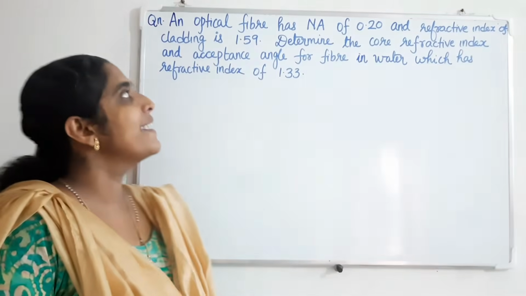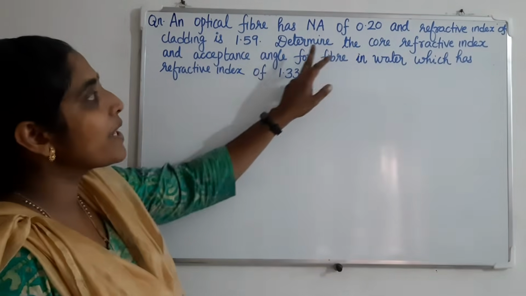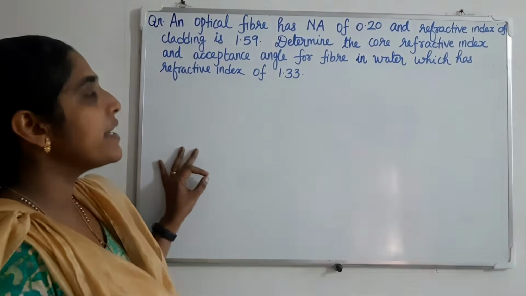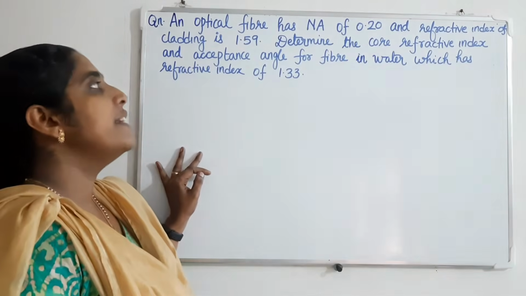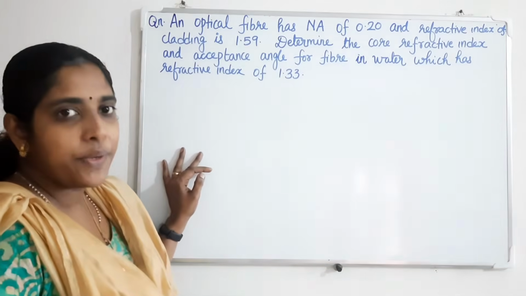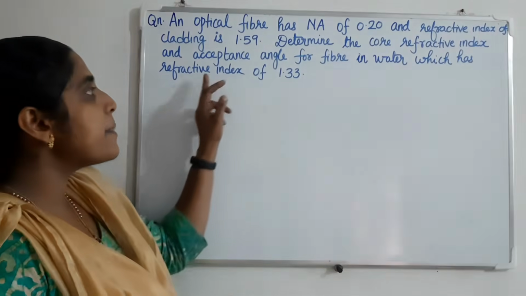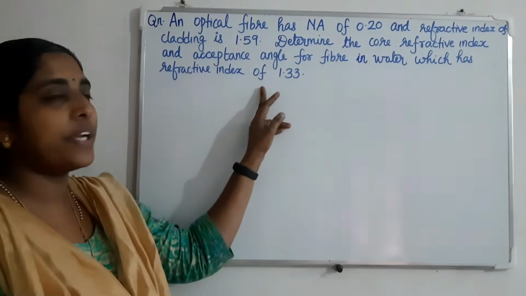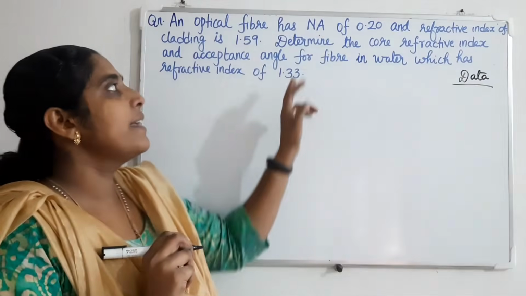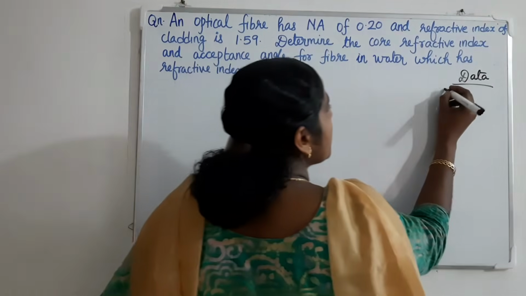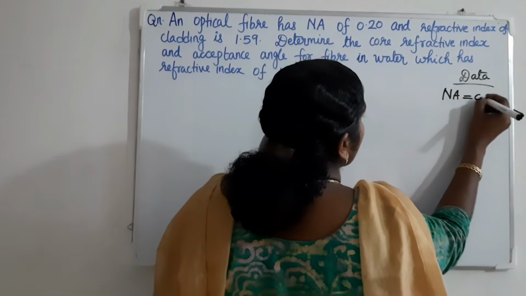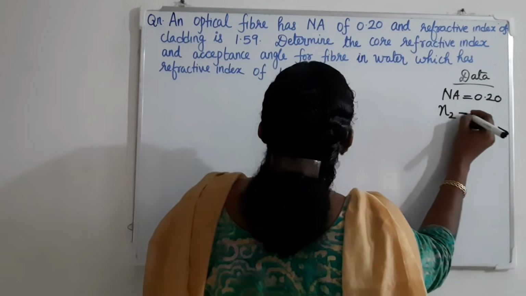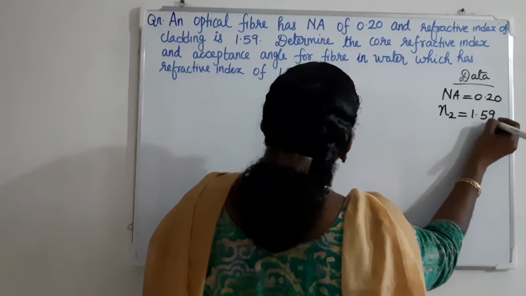See the next question. An optical fiber has numerical aperture of 0.20 and refractive index of cladding is 1.59. Determine the core refractive index and acceptance angle for the fiber in water, which has refractive index of 1.33. Here the numerical aperture of the optical fiber is given as 0.20 and the refractive index of the cladding, that is N2, is given as 1.59.